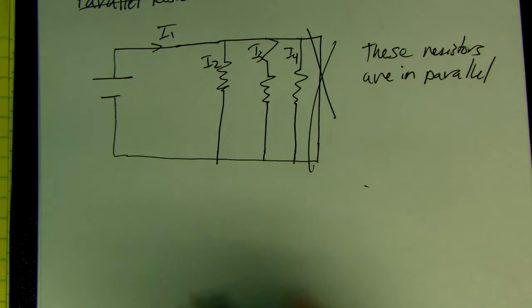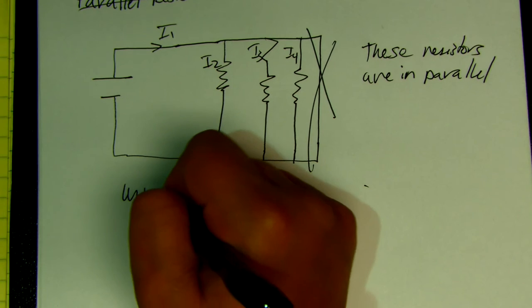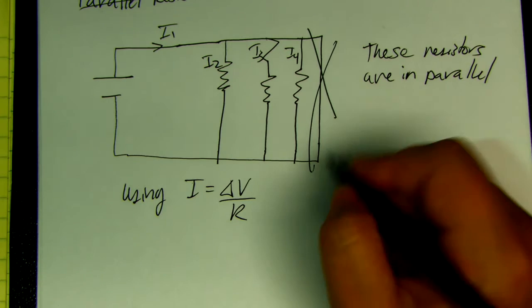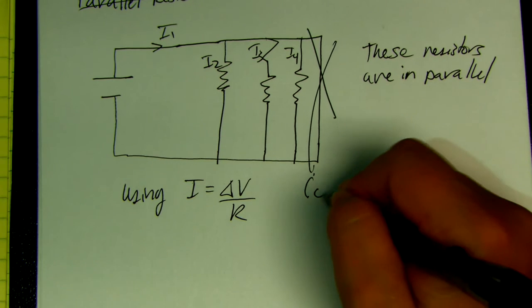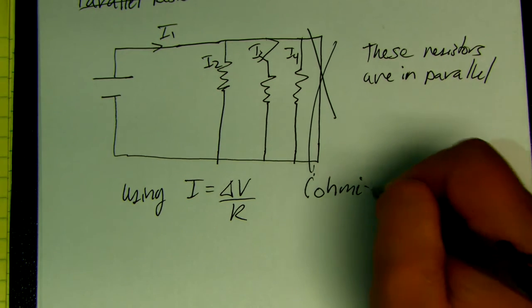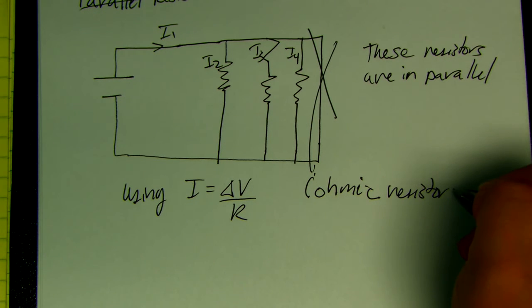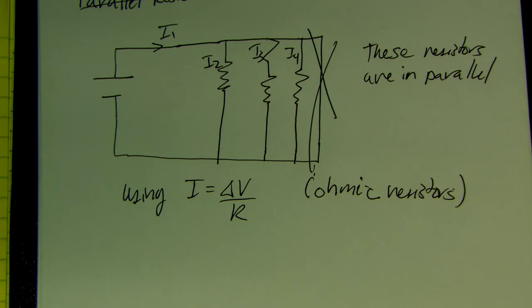So using I is equal to delta V over R, and again, we're assuming ohmic resistors, and you can basically assume this every time unless you're given an indicator otherwise. To really get an indicator otherwise, in a class like this, it would be extremely explicit, but in the real world, you would be doing a little bit more advanced circuit analysis than what we do here.